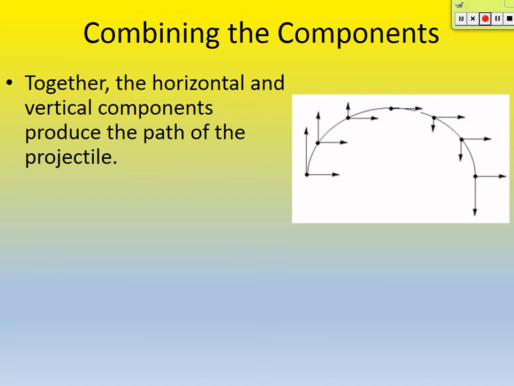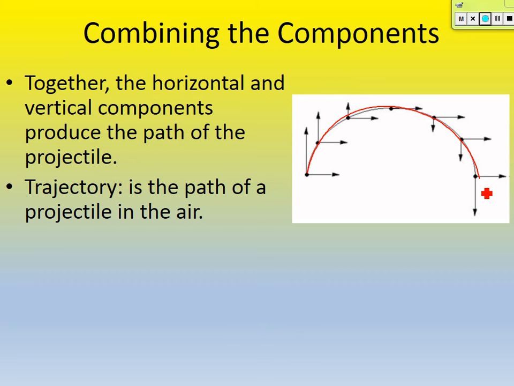Now, if we combine these components together, the horizontal and vertical components produce the path for the projectile. So if we averaged out this vertical vector and this horizontal vector, we would get a path that looks like this. Okay? That path is given a name. It's one of our vocab terms for this chapter. It's called trajectory. You're supposed to write down the definition.